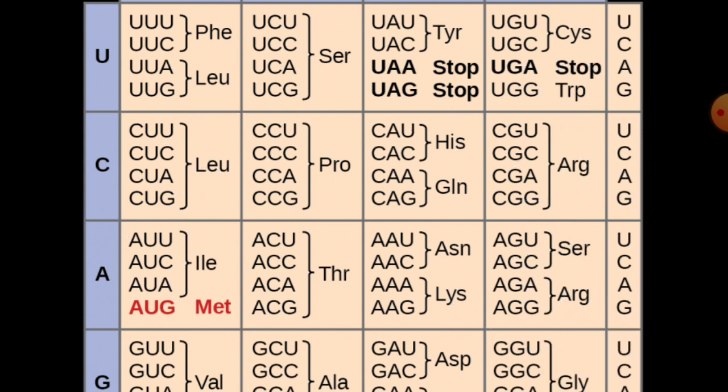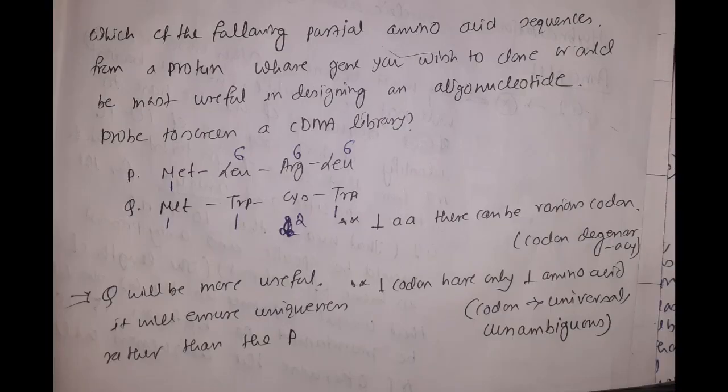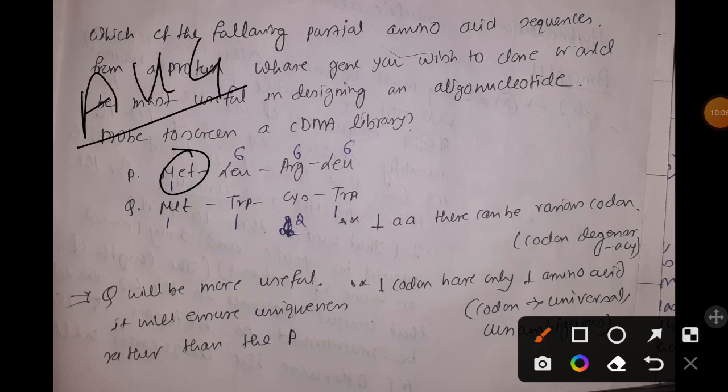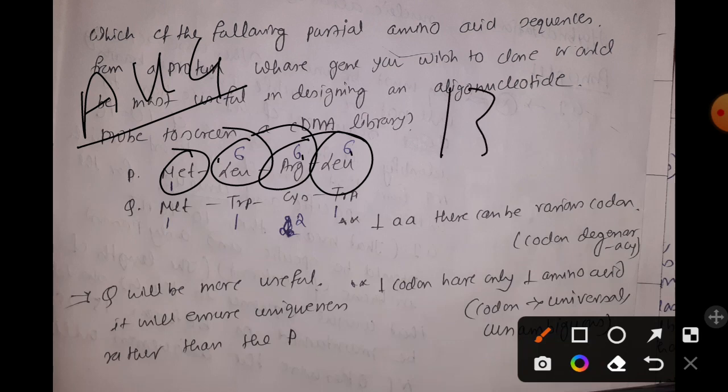That is the question. Here I have mentioned that methionine has only one codon, that is AUG. Leucine has 6 codons, arginine has 6 codons, and leucine again has 6 codons. That means 6, 6, 12, 13 in total. That means the specificity will be significantly lower, right?